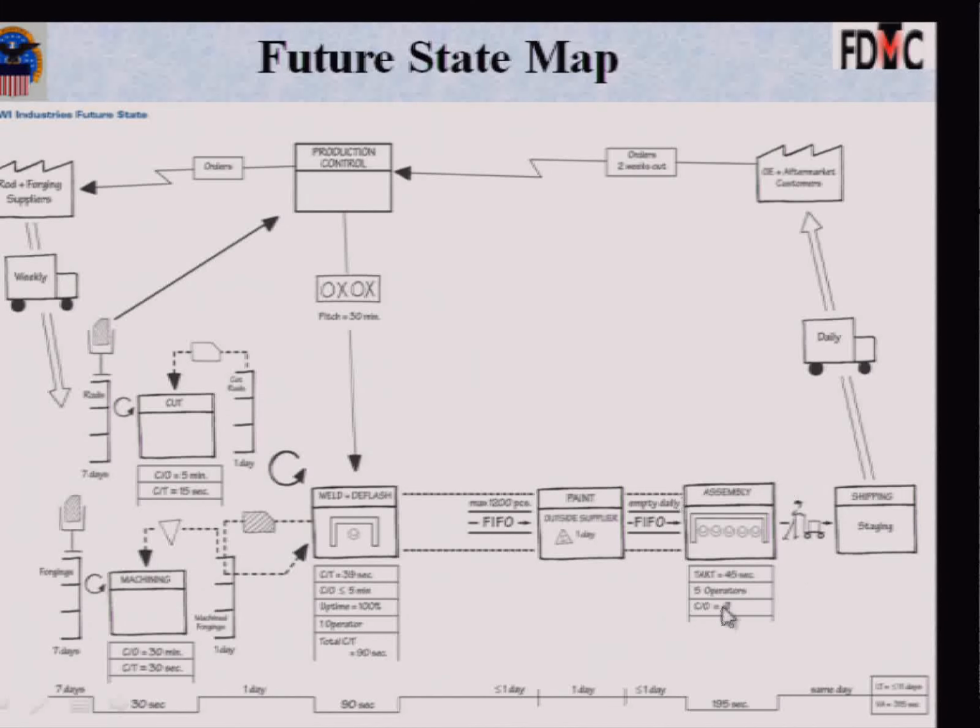Similarly, in assembly, in a high mix make to order environment, you may not have a single assembly cell. You may have multiple assembly cells. Once again, it is not a trivial problem to apply group technology to be able to create flexible assembly cells.